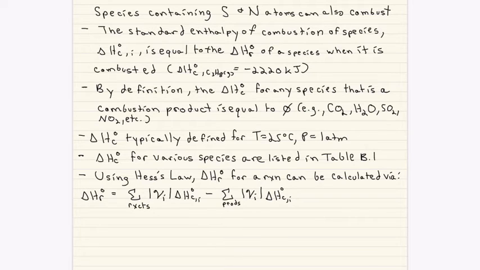Now the big thing that you'll notice is the order we have here is the opposite of what we had for the enthalpy of formation. So in the enthalpy of formation, we were taking the sums of the products and subtracting off the sums of the reactants. But here we have the reverse. We're taking the reactants and subtracting off the products. Now I want you to think about why the order is like this.